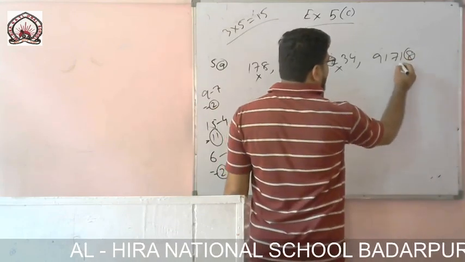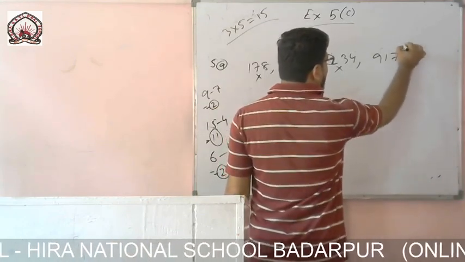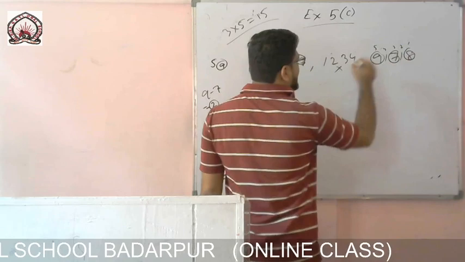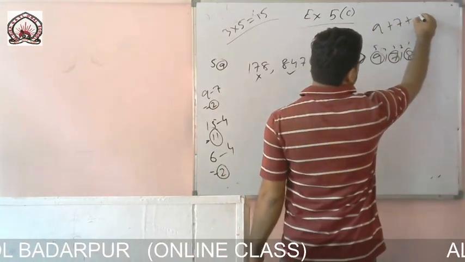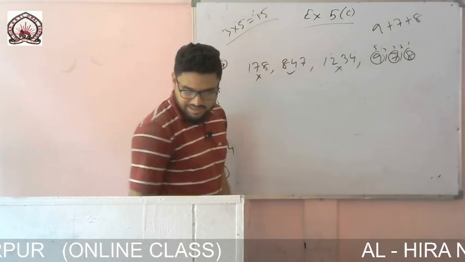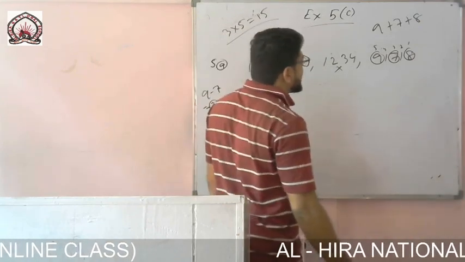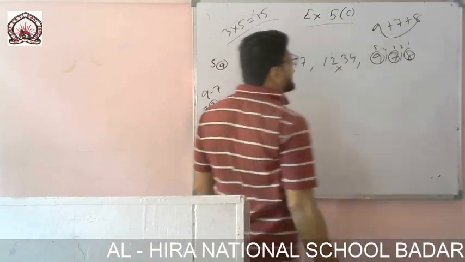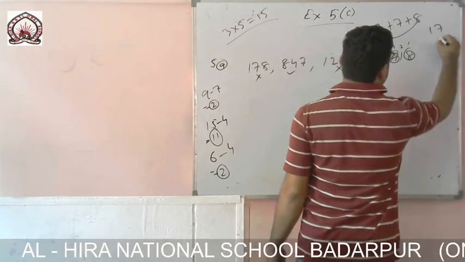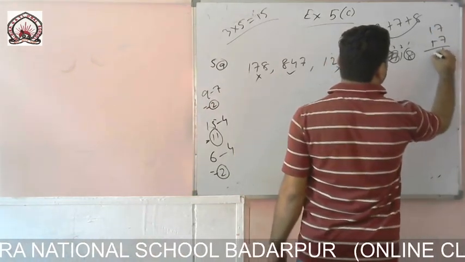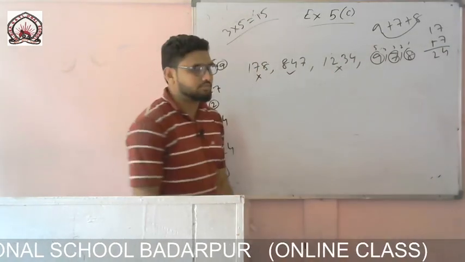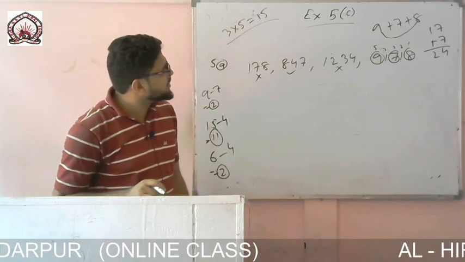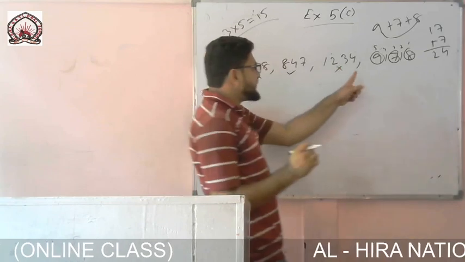This one is odd, 1 2 3 4 5. The odd places are 8, then 7, then 9. So 9 plus 7 plus 8. 9 plus 8 is 17, 17 plus 7 is 24.